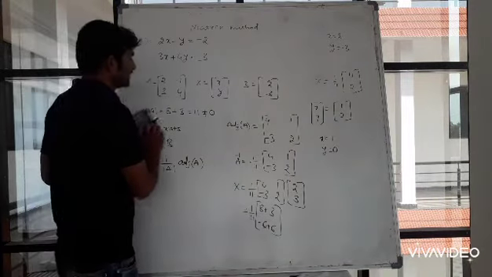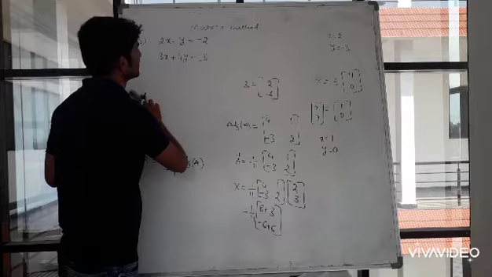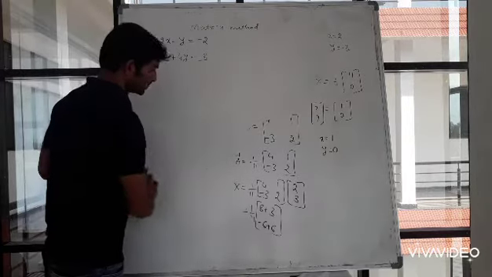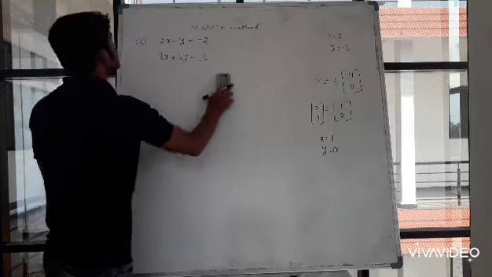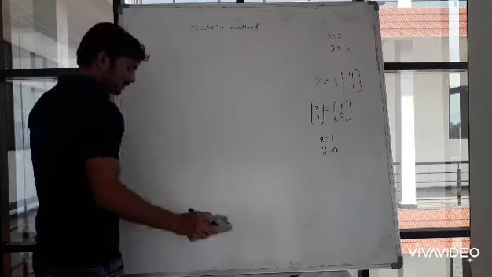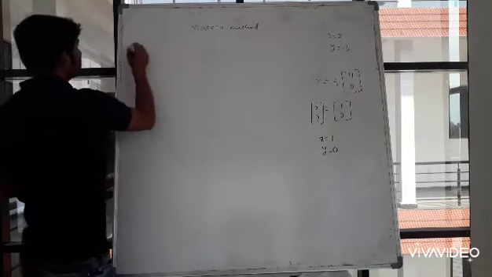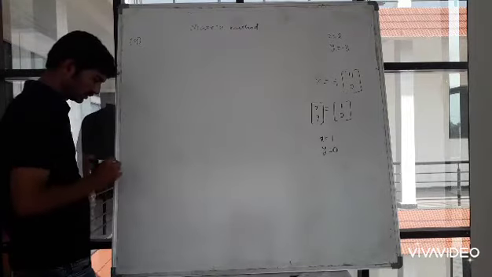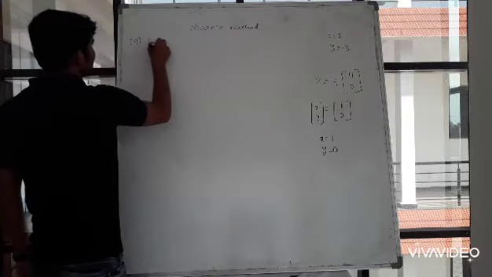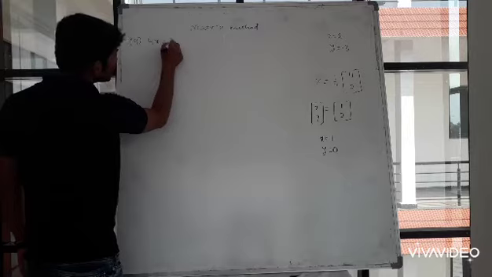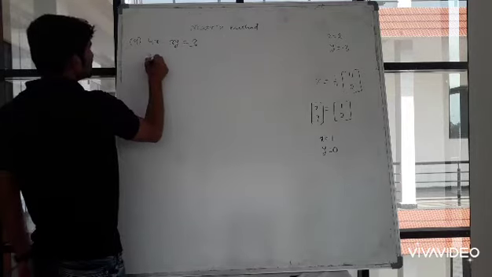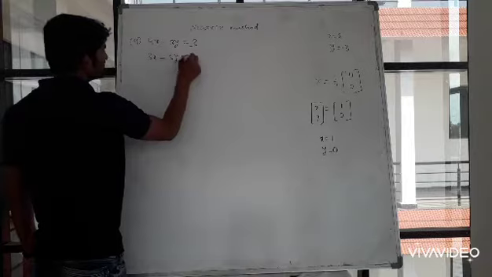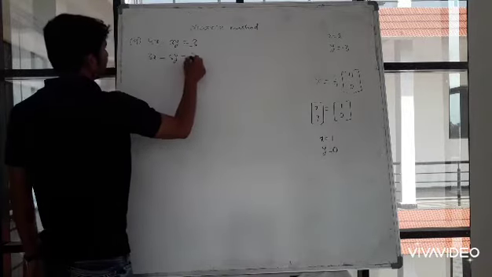Take one example for homework. Question number 9, take it as homework: 4x minus 3y is equal to 3, 3x minus 5y is equal to 7.